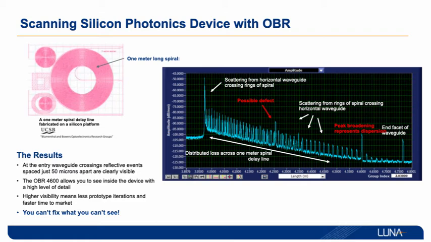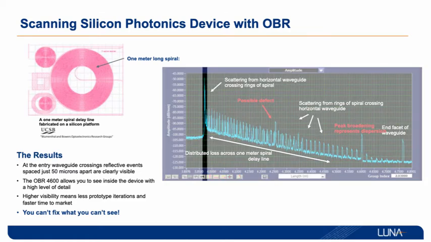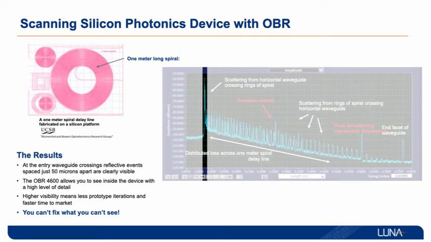If we click and just now say, let's look at this very small section at the front of the waveguide, and let's inspect that in high resolution. Now, all of this data is already in high resolution, but we're just going to zoom in on it.